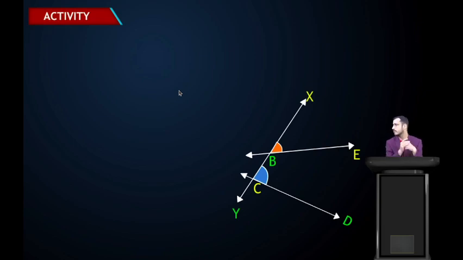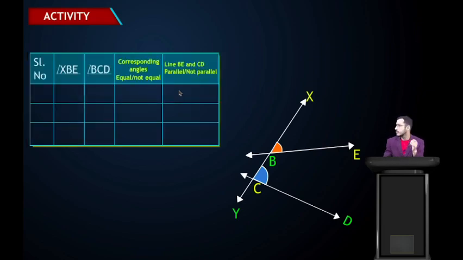Now let's take one more activity here. You can see angle XBE and angle BCD. There are two angles: one is 80 degrees and the second is 50 degrees. So angle XBE is 50 and angle BCD is 80. Are the corresponding angles equal or not equal?